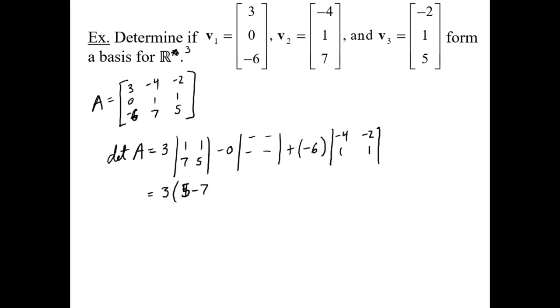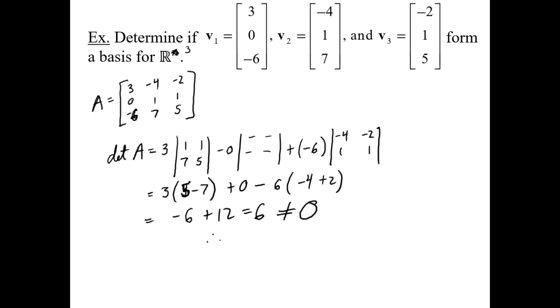I wrote 4 for some reason. 5 minus 7 plus 0 minus 6 times negative 4 plus 2. So I'm getting negative 6 plus 12. I'm getting 6, but more importantly, I'm not getting 0. Because I didn't get 0, that means that the vectors are independent.